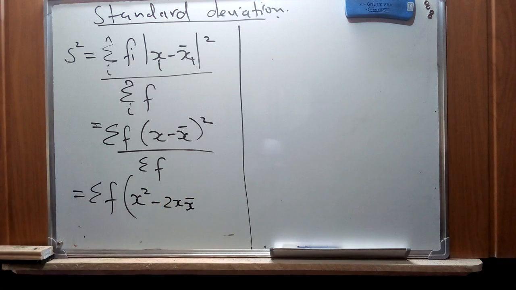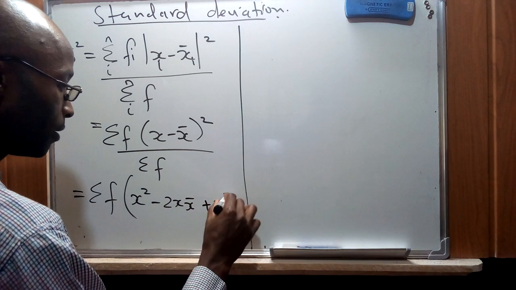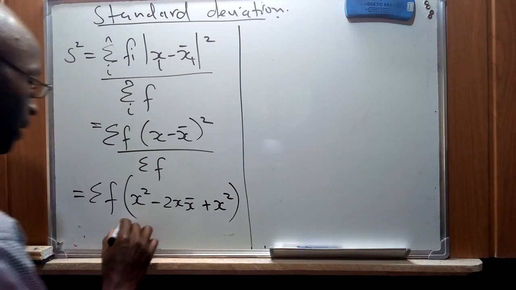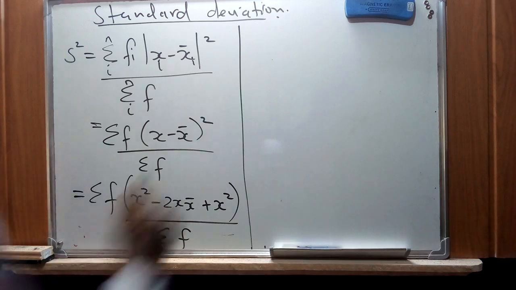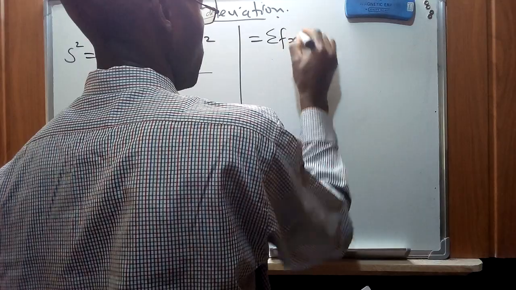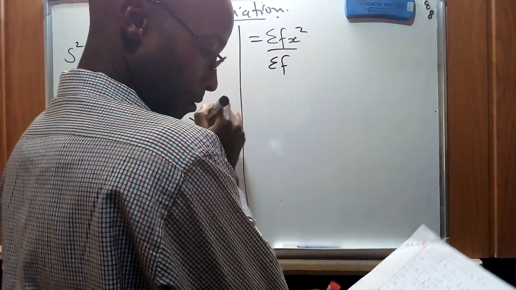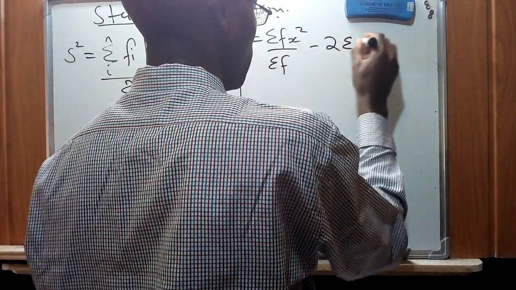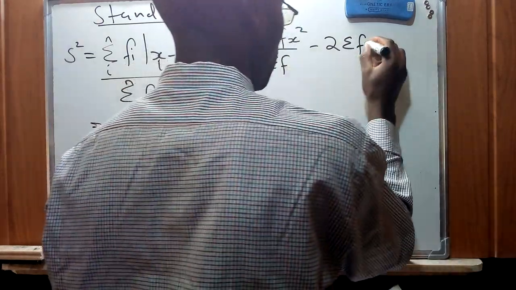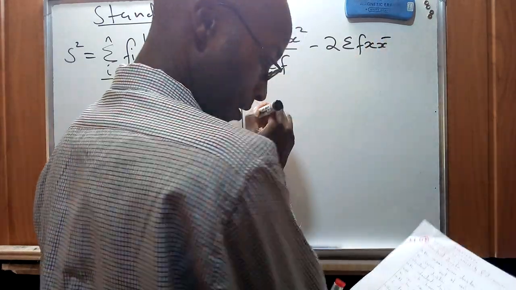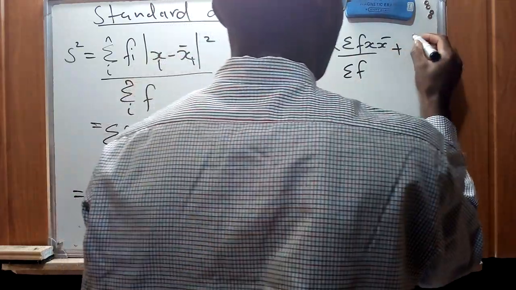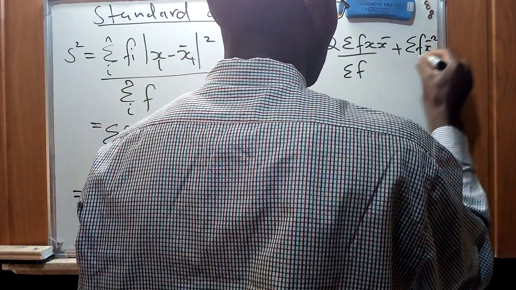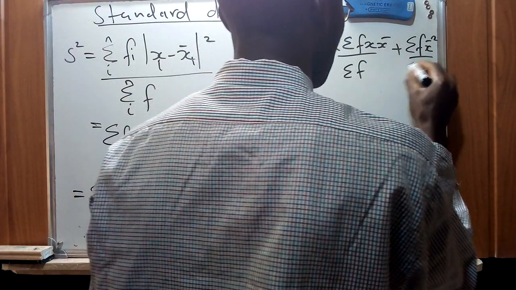And then we will find the square of this is going to represent x squared minus 2x x bar plus x bar squared over the summation of frequency. So expanding this is going to give us the summation of fx squared over the summation of f, minus 2 the summation of fx times x bar, which is our mean, over the summation of frequency, plus the summation of f x bar squared over the summation of f.